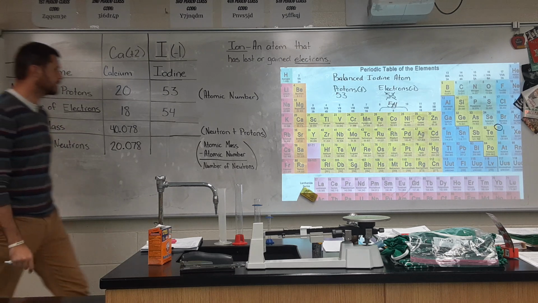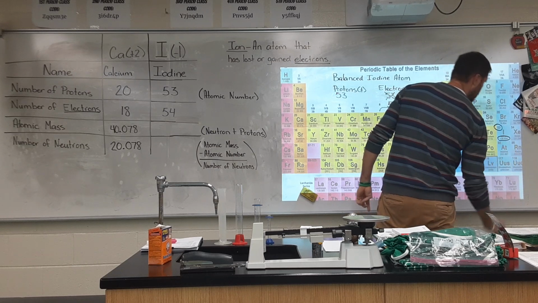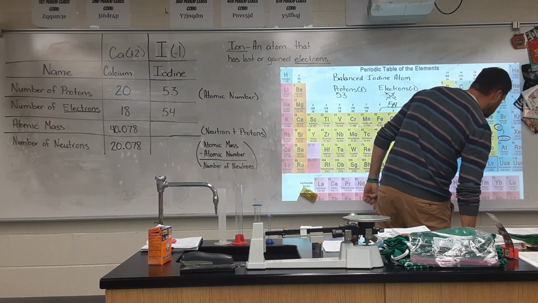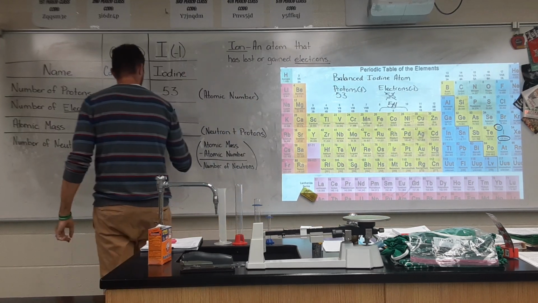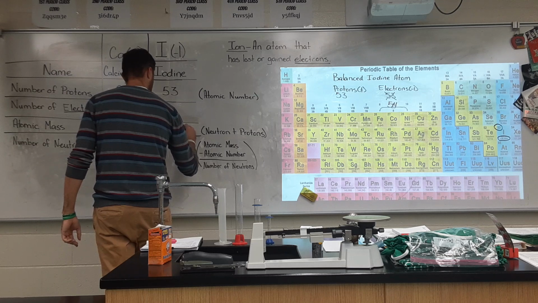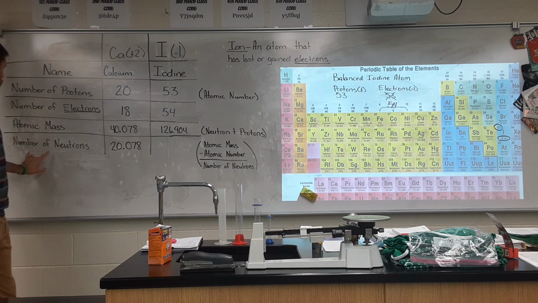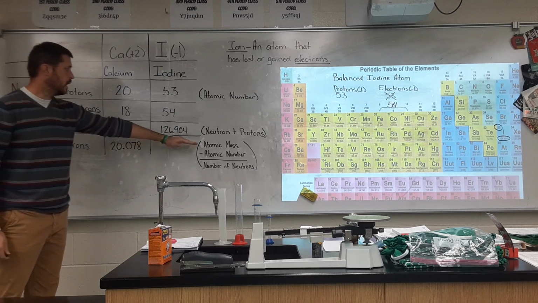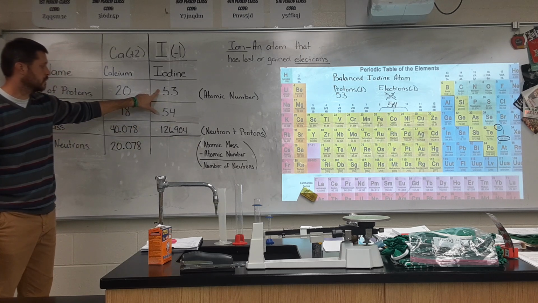All right, atomic mass. Again, atomic mass is given to you. It's at the bottom. It is the number of protons and neutrons, and it is 126.904. Last question. Number of neutrons. Again, to find neutrons, we have a formula. Atomic mass minus atomic number. Okay?